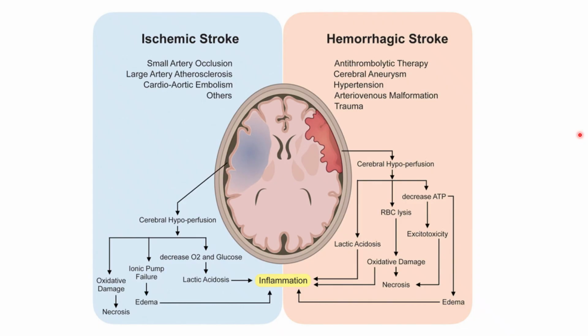That's why you have stroke protocols for CT centers and things like that. But FDG can be used later to look at how the stroke is affecting their glucose metabolism and seeing if perfusion has been restored.